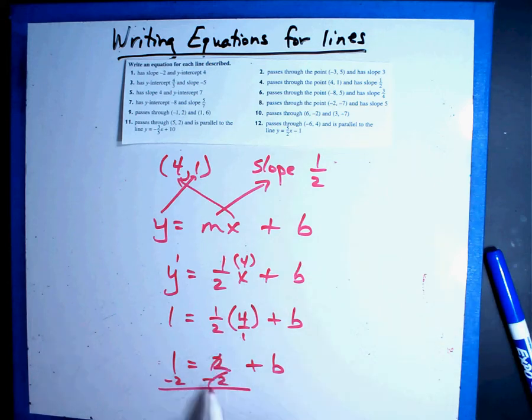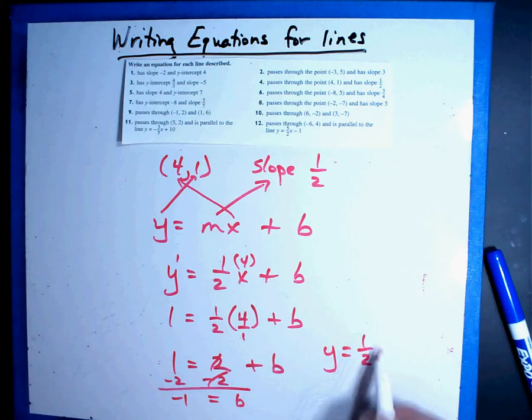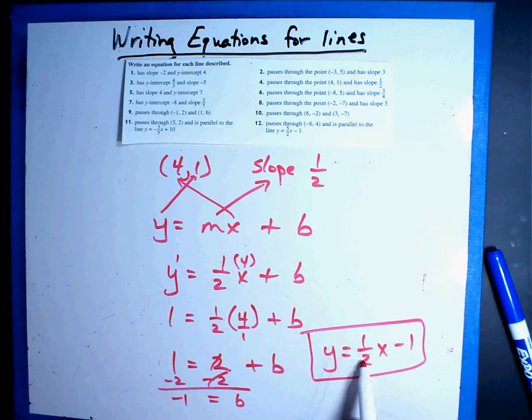That goes away, and I have -2 and a positive 1 is -1 equals b. So b is -1. So y equals 1/2 x minus 1. y equals slope, they gave me that, x, minus 1 is my b. That's how you get it.